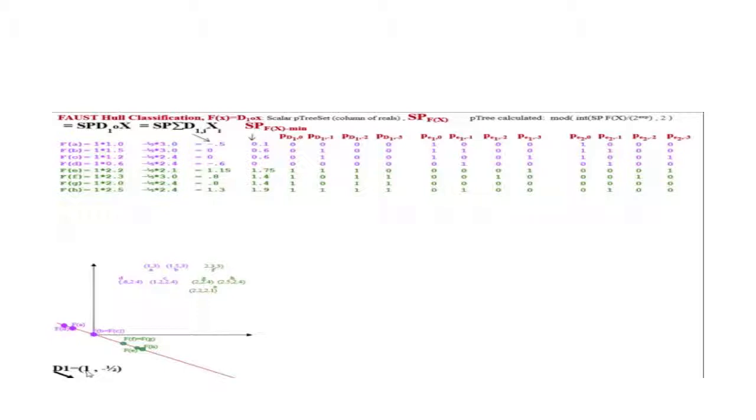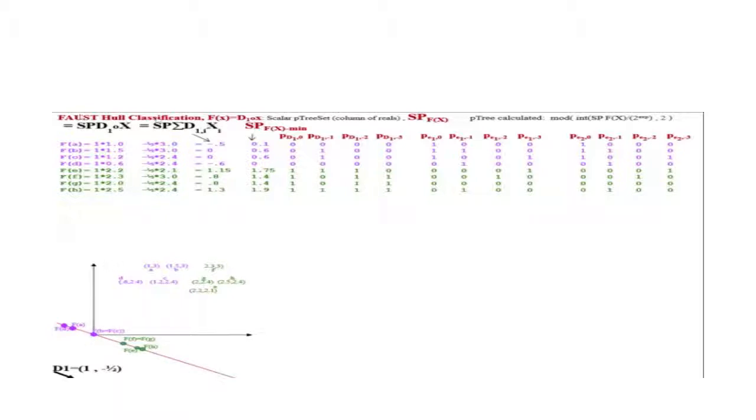The coordinates of d1 are 1 and minus 1 by 2, so 1 along the x-axis and minus 1 by 2 here. If I draw a line, it will be here. I am extending that line in this direction as well as this direction. Why am I extending this line? The idea will be clear shortly.